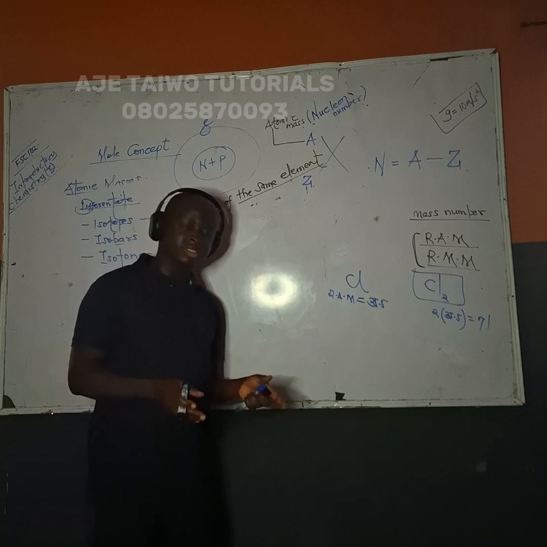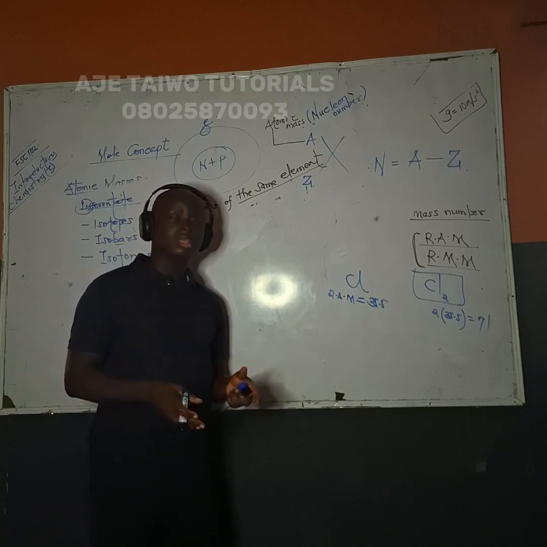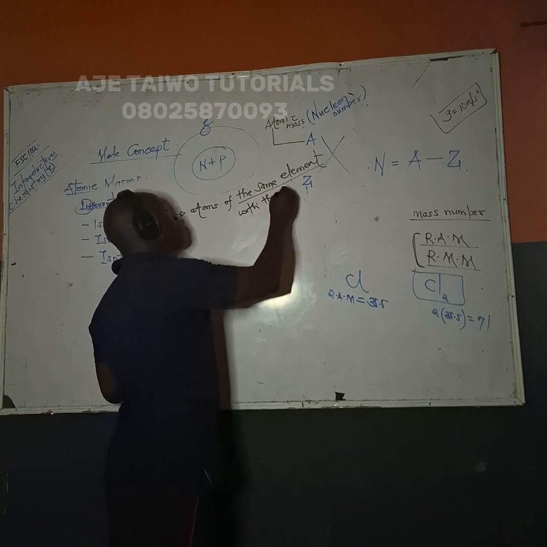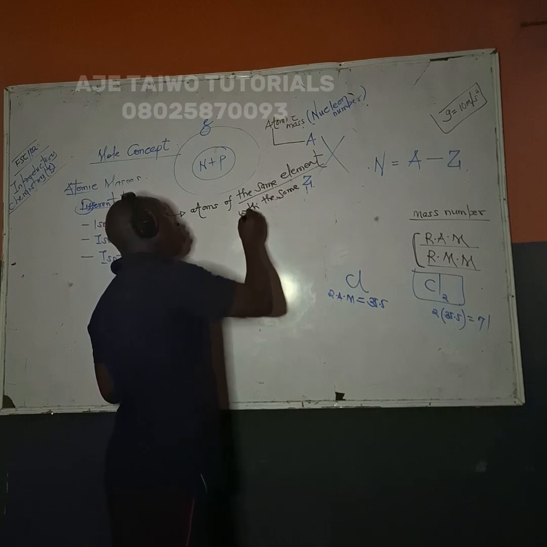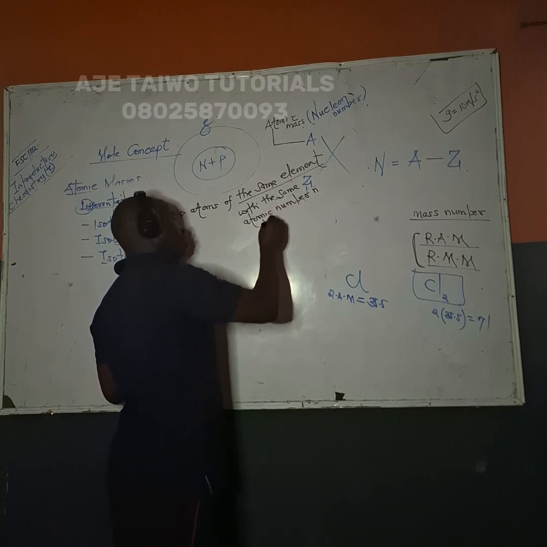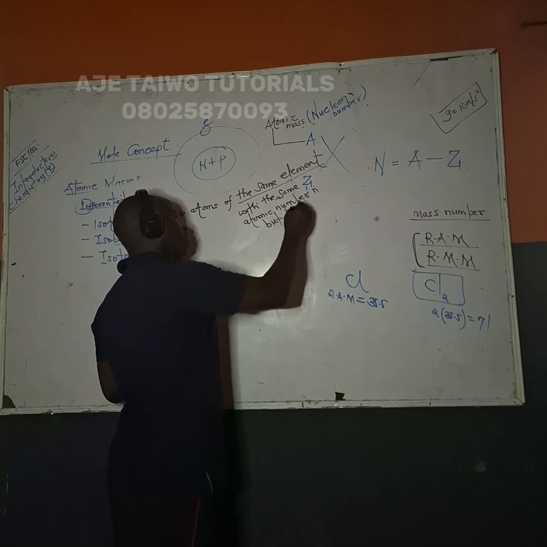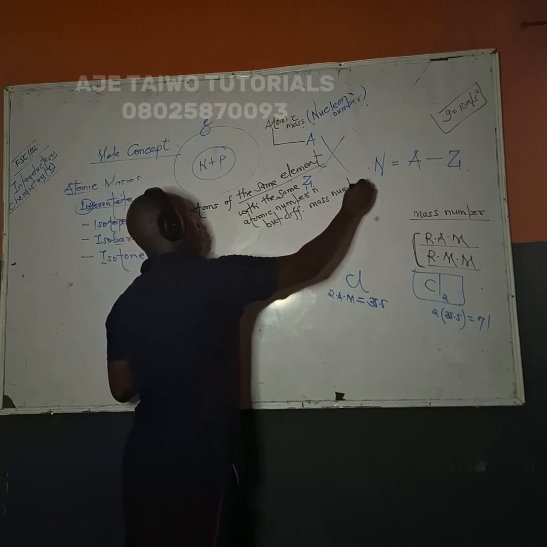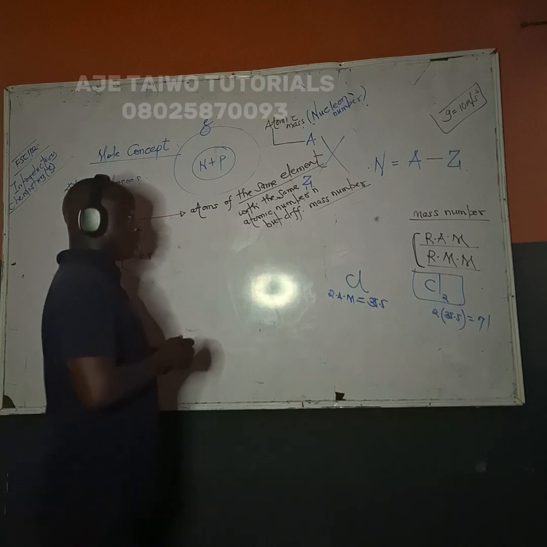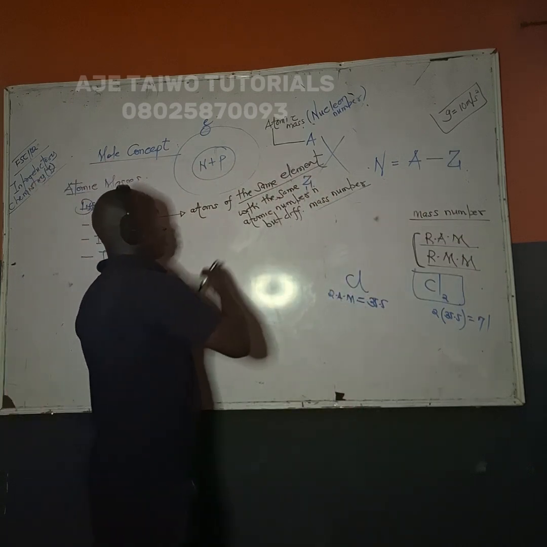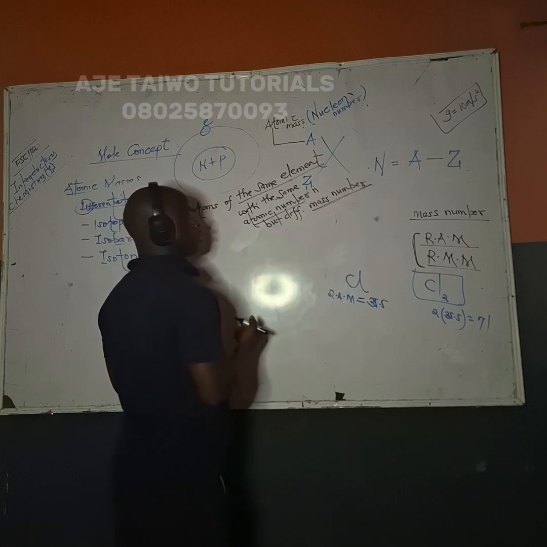They must come from the same element, with the same atomic number, but different mass number. I've told you already. We call them mass number. You have the same atomic number but different mass number.